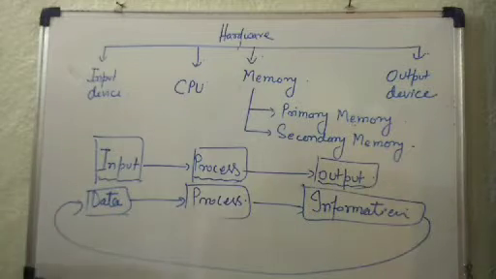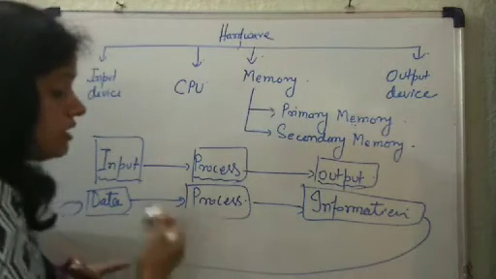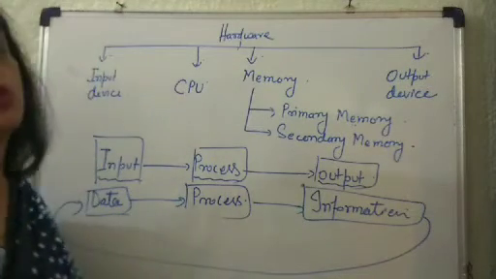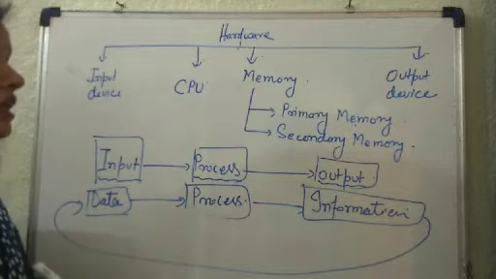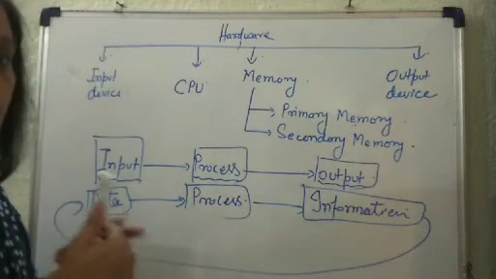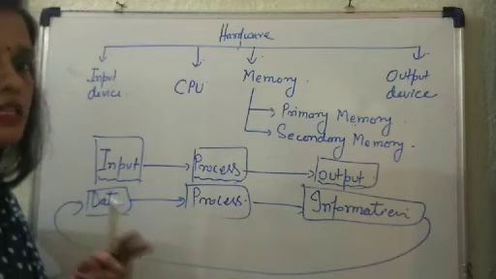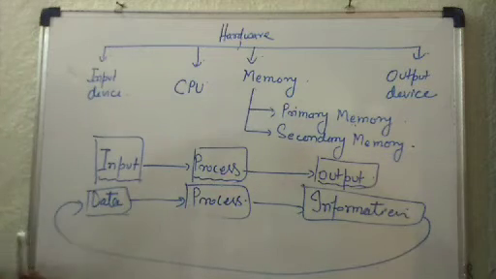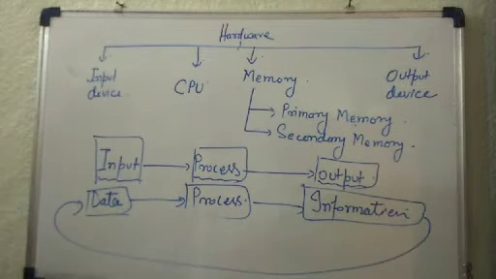So we need data for the process, and after processing the data we get the information. We need some source through which we will collect the data, and we require a place where the process, the rule, will be kept and followed. If you want a wooden chair and you go to the carpenter, how is the carpenter able to make the chair?